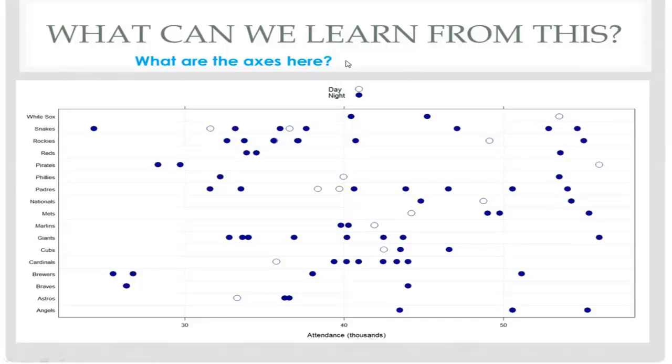So suppose this represents the entire set of games. Here's game 1, game 2, game 3, game 4, game 60, game 68, game 81, and so on, right? That's the entire set of games.